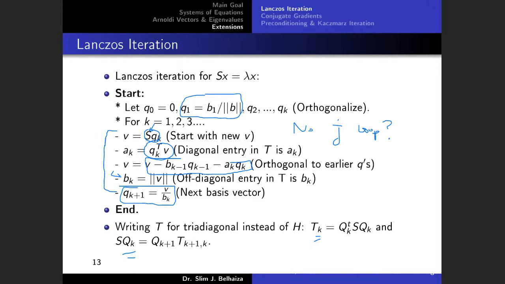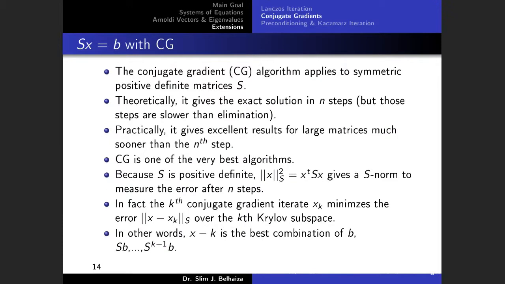So at the end, to summarize, you obtain a matrix T, and in fact, a solution that estimates the solution to the exact system you have. Okay. Right. The next iteration, the next extension, is what we call conjugate gradient, and I'm pretty sure you've heard about it.